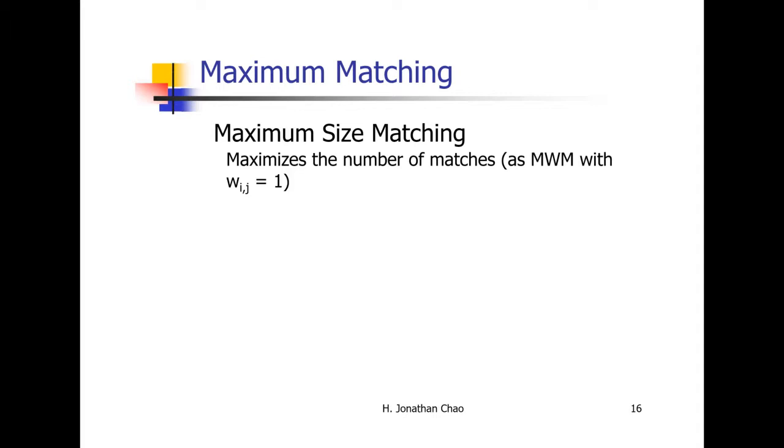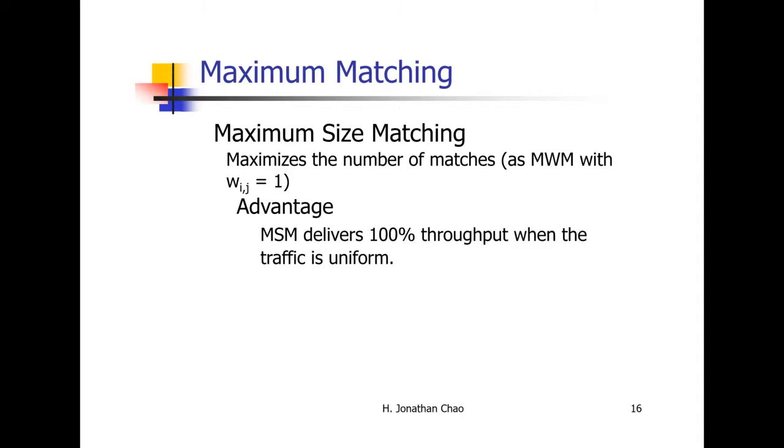Instead of solving the maximum weight problem, we can solve the maximum size matching. In the maximum size matching, basically the problem is the same as before, but all the requests have the same weight, and so maximizing the size corresponds to maximizing the number of cells that you are transferring in that specific time slot.